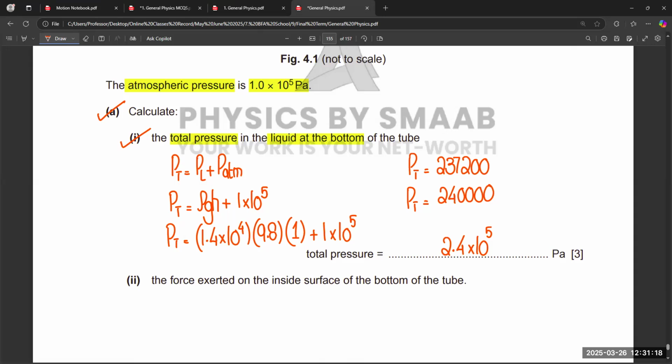So this is the value of the total pressure we calculated from this question.